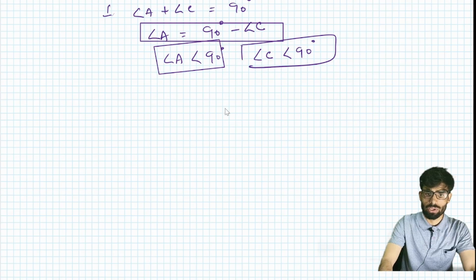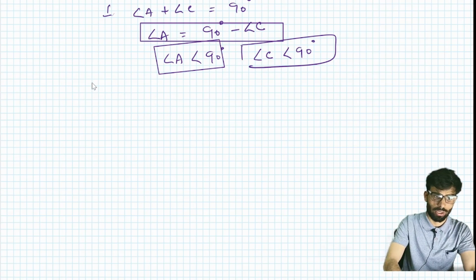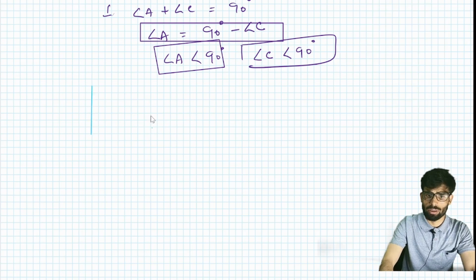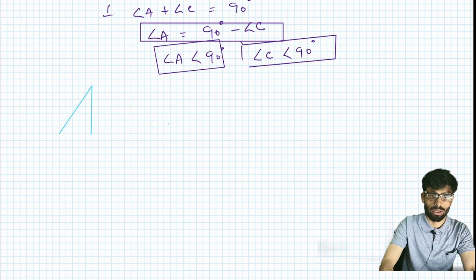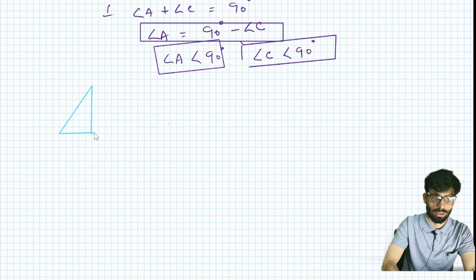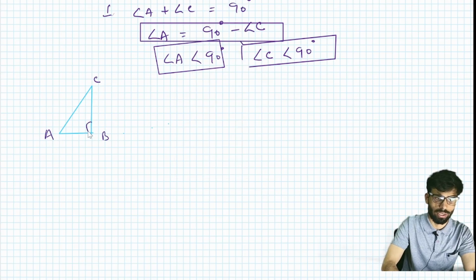Let me just draw here a triangle again to elucidate it in a better way. Naming it as A, B, C. This is 90 degree.